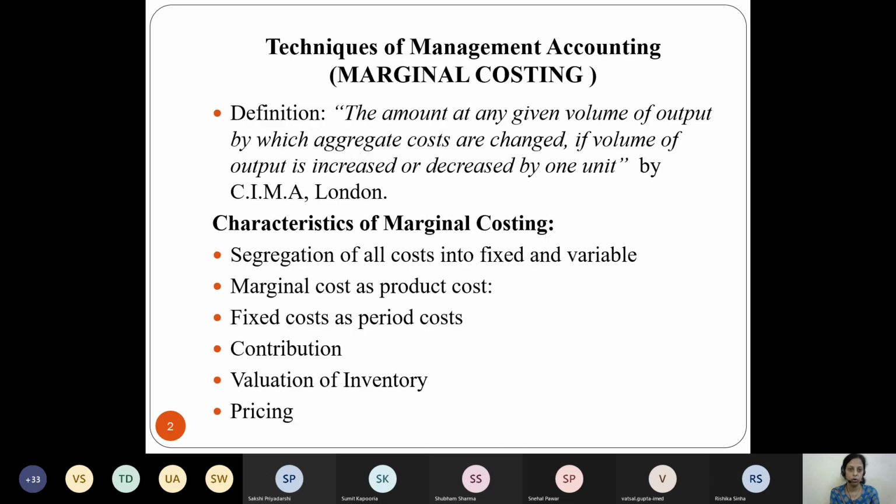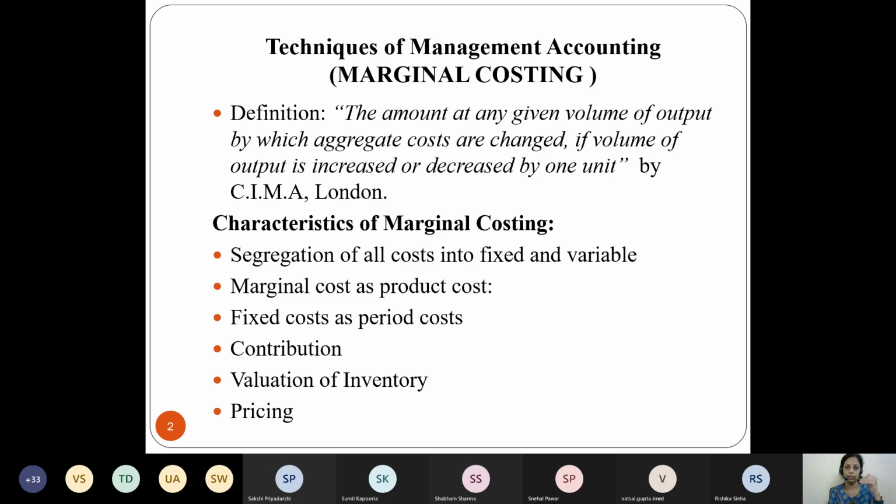So marginal cost is the total of variable cost. Before implementing the marginal costing technique in the organization, the management accountant has to study the cost structure of the company.